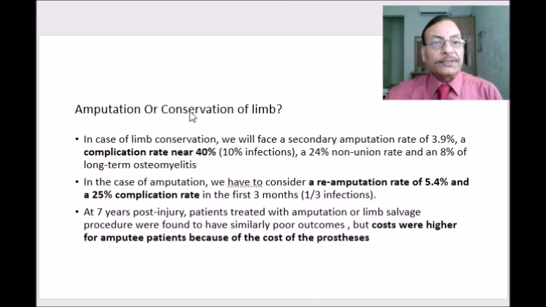The amputation or conservation of the limb is to be decided, and when you decide that you are going to conserve the limb, what are the likely outcomes? Remember, you are going to face a secondary amputation rate of 3.9% and a complication rate near 40%, 24% non-union, and 8% long-term osteomyelitis.